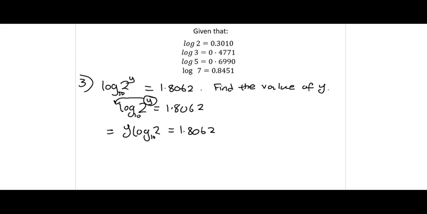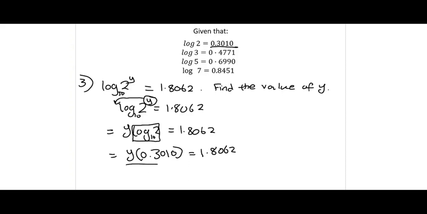So we can substitute this value 0.3010 into this expression. That is y times 0.3010 equal to 1.8062.